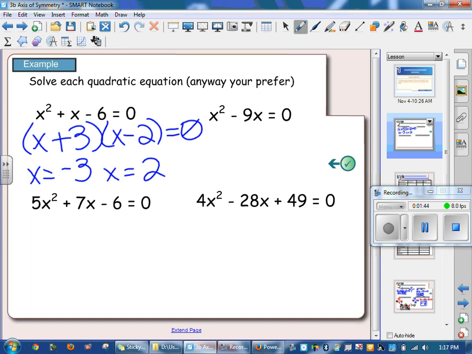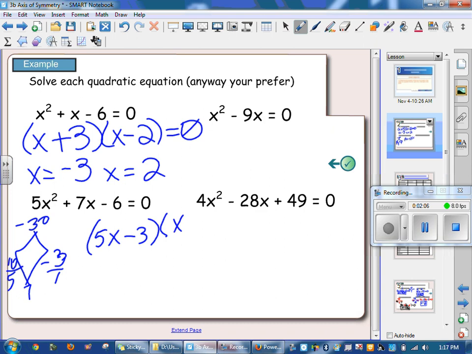Okay? Down here, doing your diamonds, we're going to have negative 30 and adding to 7. What's negative 30 adding to 7 going to give us? 10 and negative 3. So we're going to divide the 10 by 5, negative 3 by 1. So we're going to have 5x minus 3, and we're going to have x plus 2 equals 0.